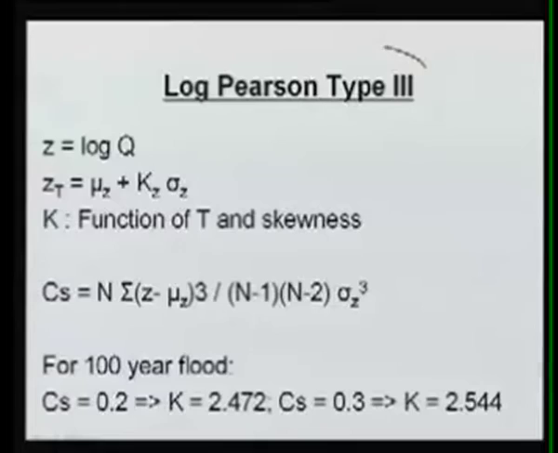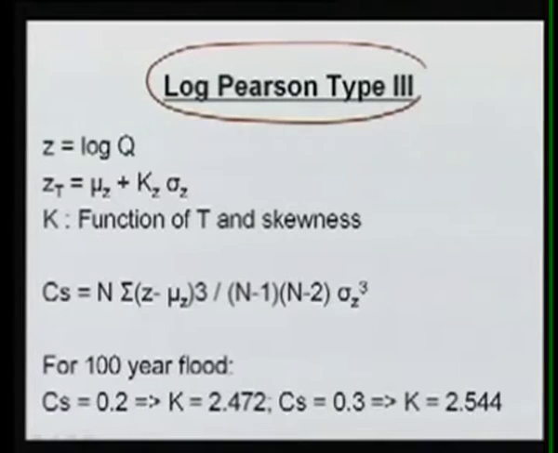The other distribution which we use is known as the log Pearson type 3 distribution. This is commonly used in the US, where Pearson type 3 is the assumed distribution, and log means that instead of the variable following the Pearson type 3 distribution, the log of the variable follows it.